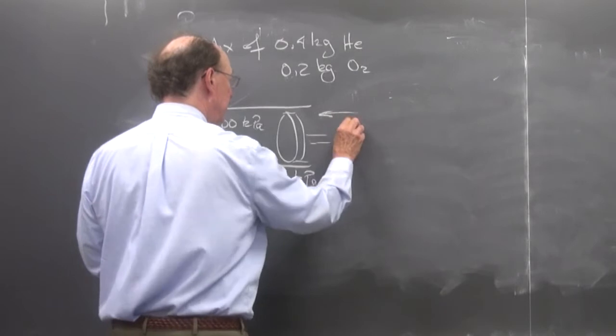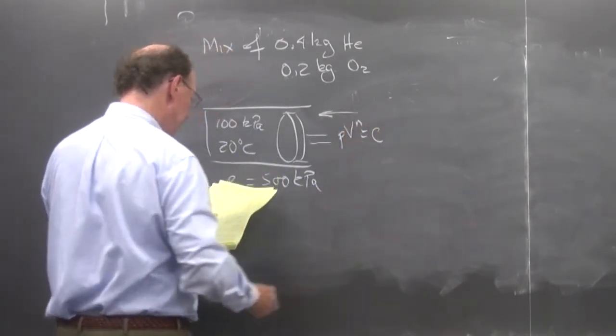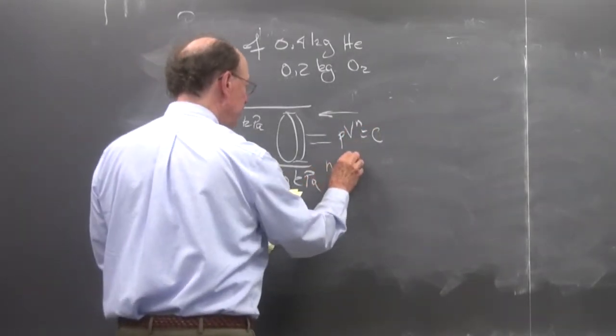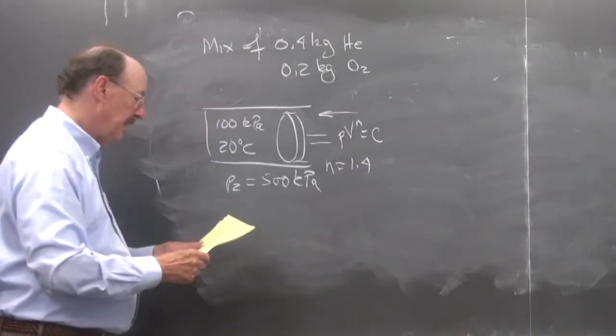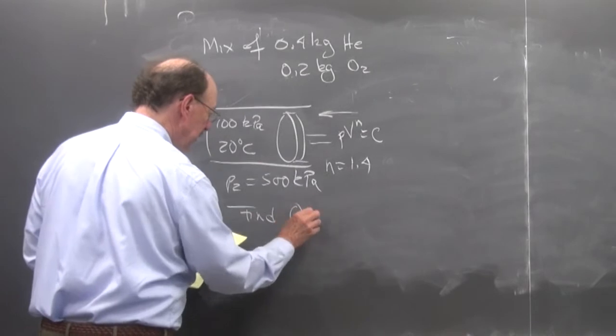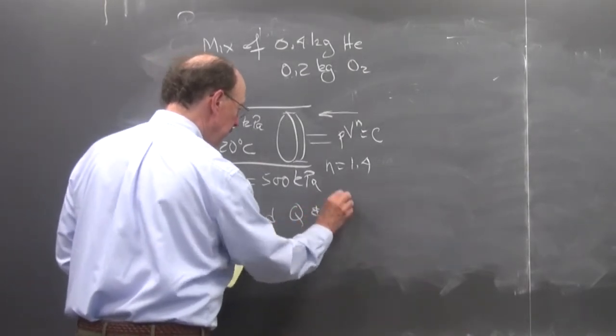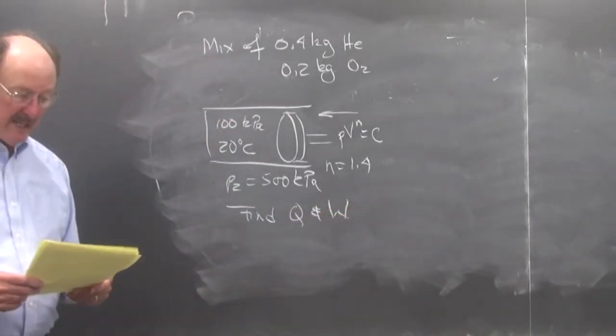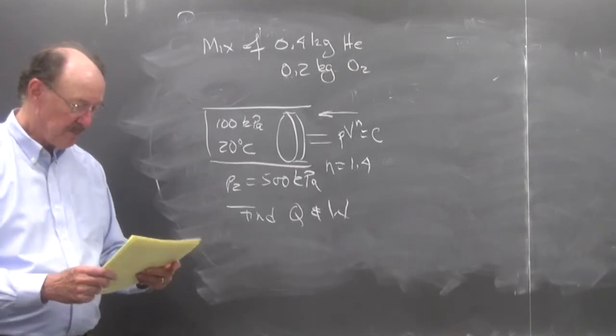This is PV to the n, so it's a polytropic compression where n is equal to 1.4. And we want to find Q and W, the heat and the work.